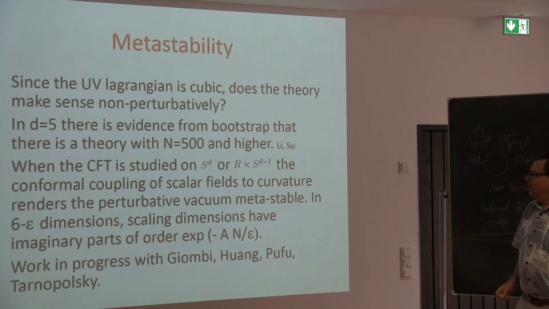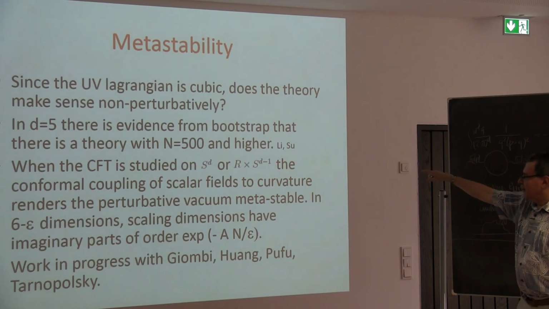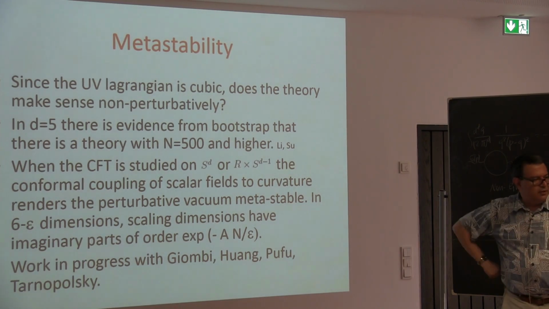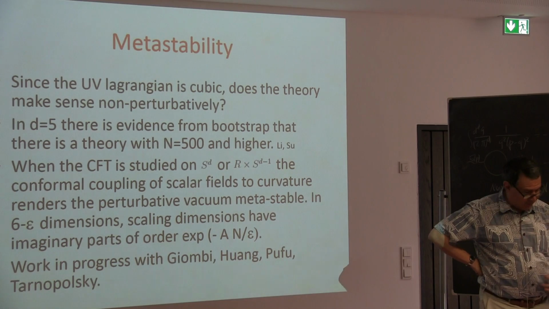And actually, Zhijin Li and Ning Su a couple years ago studied the d = 5 version of the Bootstrap for N = 500, and they found very nice, well-defined islands, which agree very well with the 1 over N expansion.